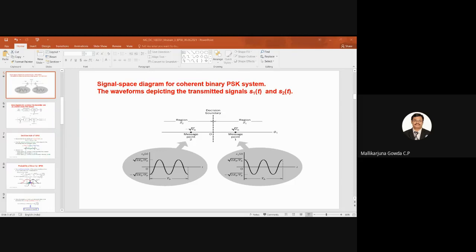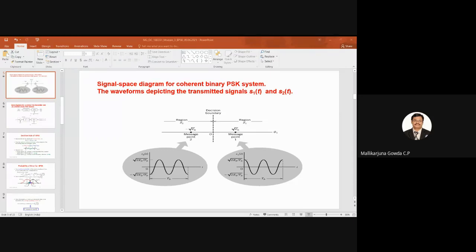Another possibility is, when symbol 0 is transmitted, the received signal is such that the value of x1 is greater than 0. Now the decision device will take a decision in favor of symbol 1, but actually symbol 0 was transmitted. I think these are the two possibilities of getting error.